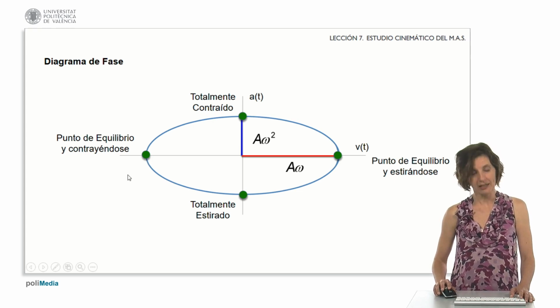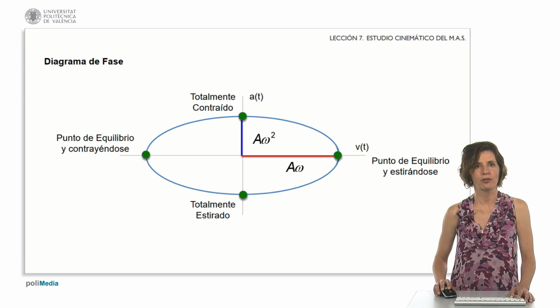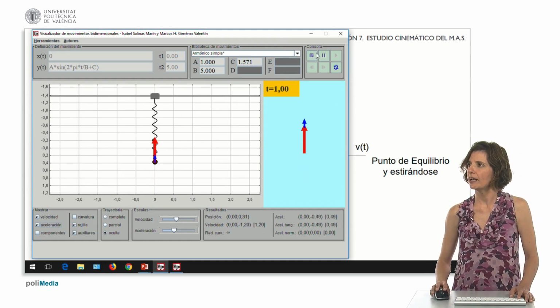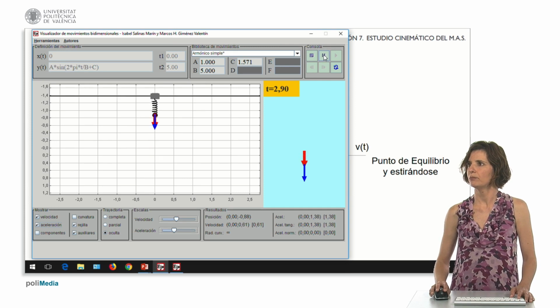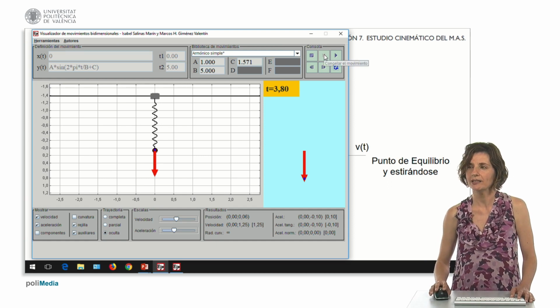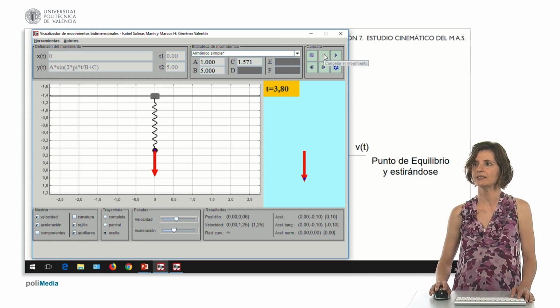Let's check this information in the animation. I'm going to try to stop the motion when it passes through the equilibrium position. There it was lengthening. We see that the blue vector has practically disappeared. It's 0. The acceleration is 0.